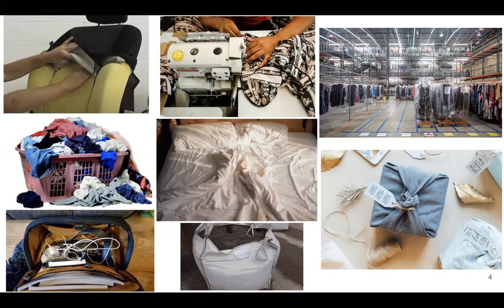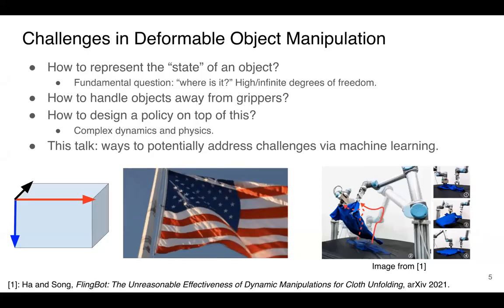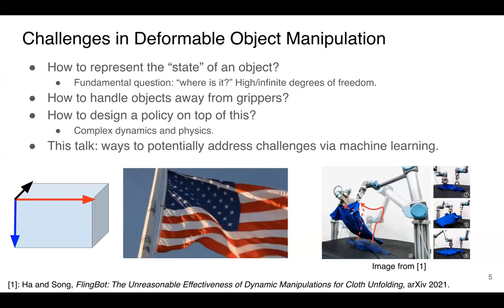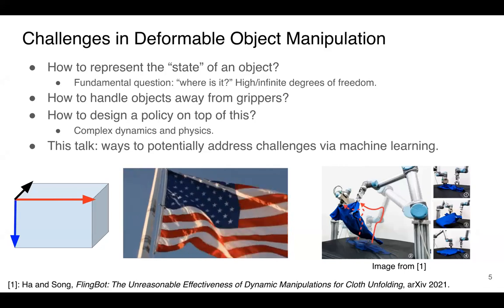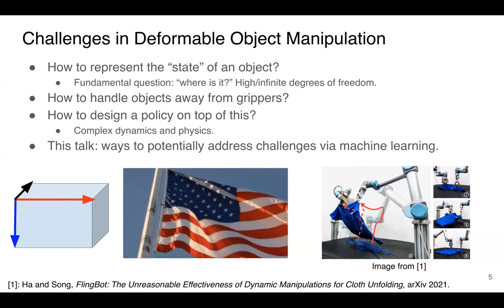But in contrast to rigid object manipulation, deformable object manipulation has several challenges. Some that I like to highlight here are, number one, it's difficult to represent the state of an object, or basically where it is.